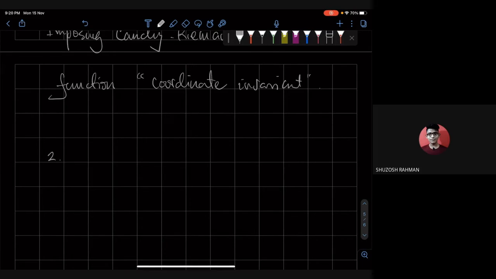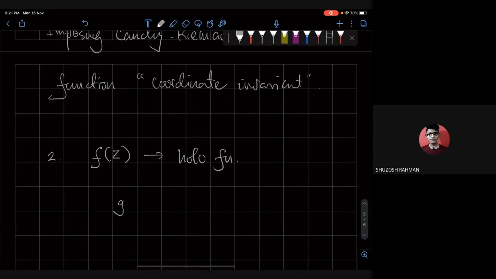Comment number two is that suppose you have an analytic or holomorphic function f of z. Then it's very easy to create new holomorphic functions out of it. In fact, you can create an infinite number of holomorphic functions if you are given one. How do you do that?